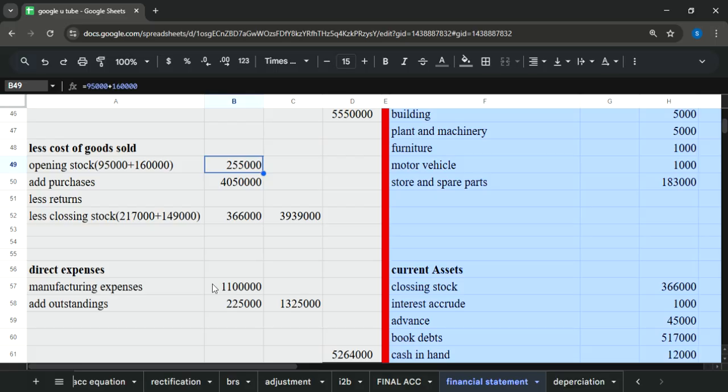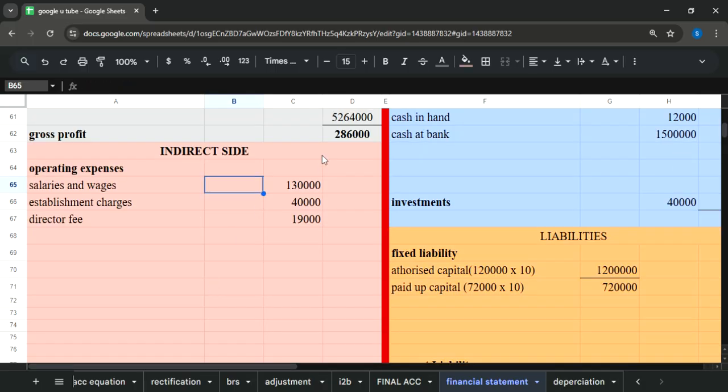That is also 4,050,000 amount of purchase. Manufacturing expenses 11 lakh. Outstanding 225,000, 1,325,000. Everything is okay. Alright guys, so it means what we have got is 286,000.